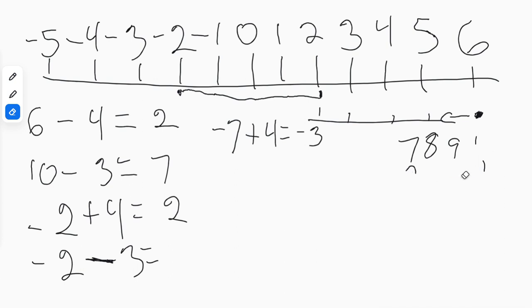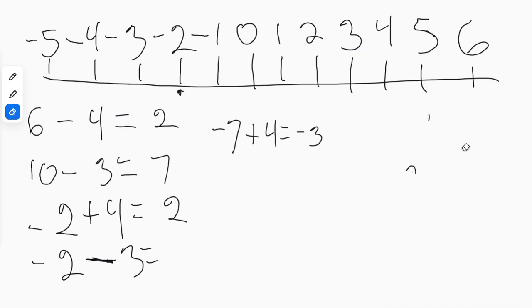Let's just erase some of this stuff here so we got some place to work. If negative 7 was over here, and then you're going to go over 4 places. You're going to go to the right because you're adding 4 places. So negative 7, negative 6, 1, 2, 3, 4, it would be negative 3.